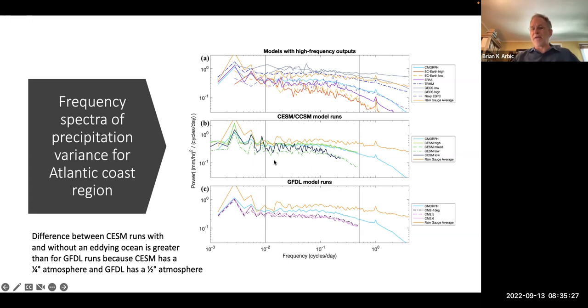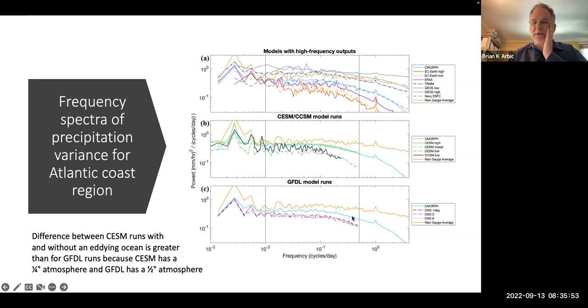So we're looking at variance here between 2 and 100 days. So not really high frequency, but relatively high frequency compared to climate. And the point is that you can see more precipitation variance in the CESM runs when you have an eddying ocean. Now in the GFDL suite that Stephen Griffiths and collaborators ran, you don't see as much of a difference.